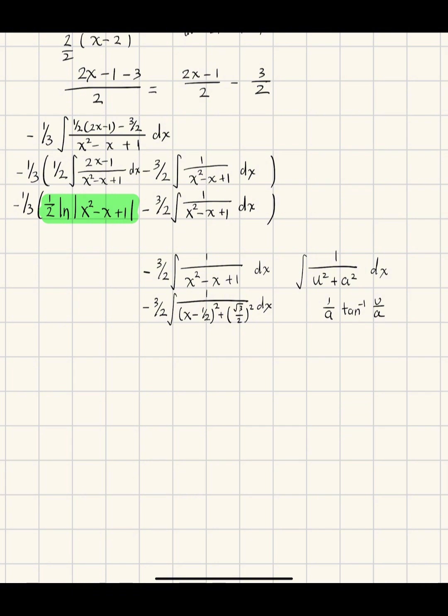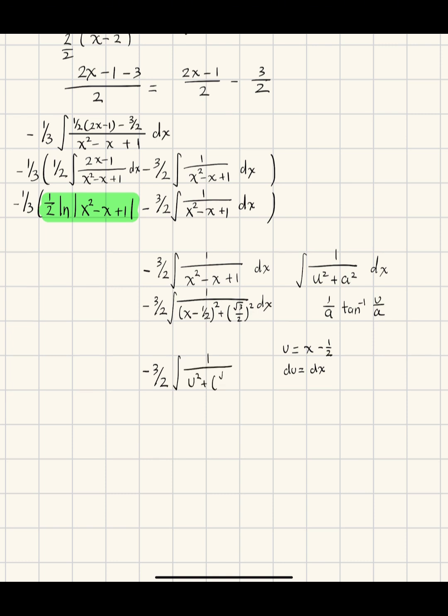And so now all we have to do is a simple u substitution where u is going to be x minus 1 over 2, while following the template of the formula for the integral of the inverse tan. And the du of x minus 1/2 is just going to be dx. And now we're just going to plug u back into the integral, and then we can integrate.